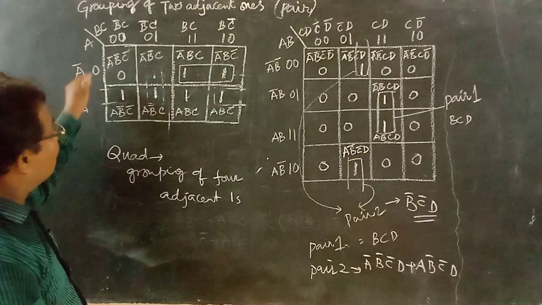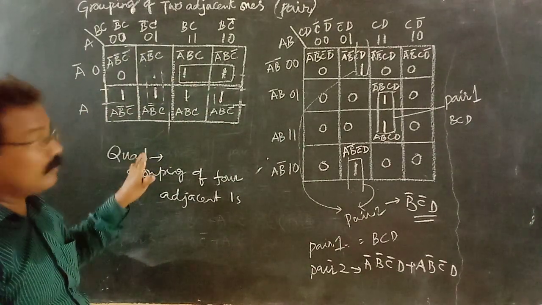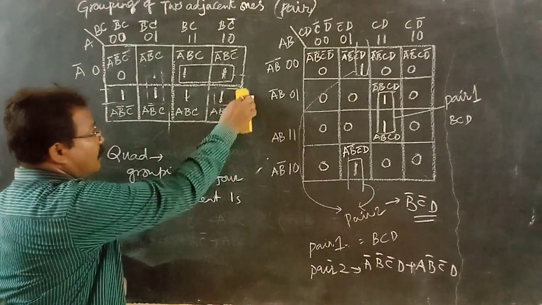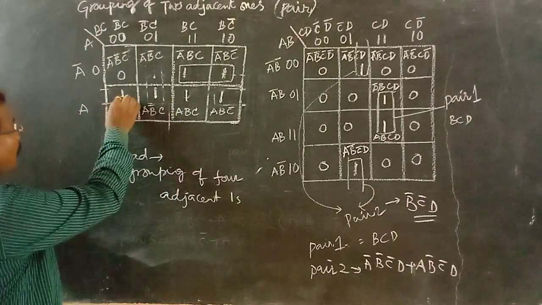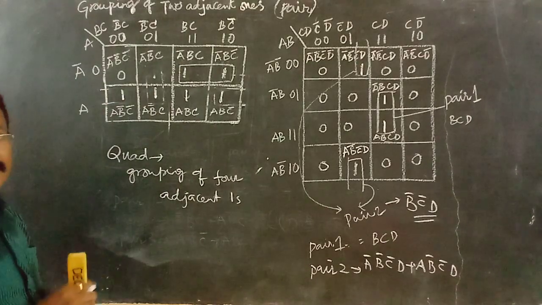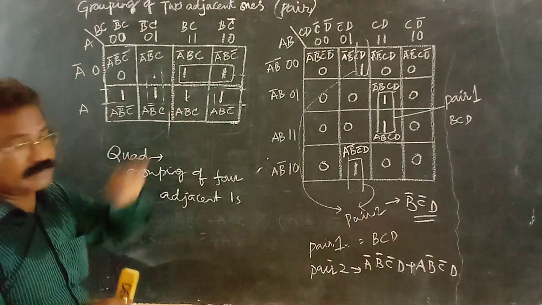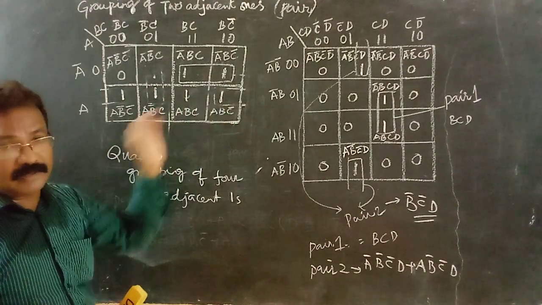So here, this three variable K-map consists of 8 squares. In this row, 1 1 1 1, all ones are located cell by cell, neighboring, located as neighbors.